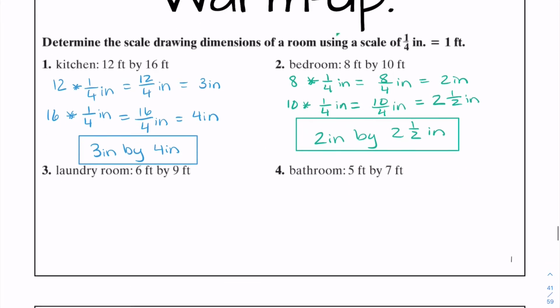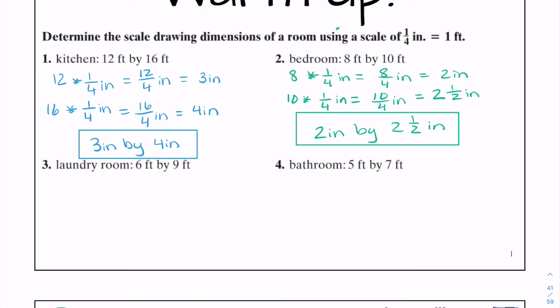All right, the next one, the laundry room, is 6 by 9. So 6 feet, so 6 times 1/4 inch, and 9 times 1/4 inch. So we have 6 quarters and 9 quarters, and this gets me 1.5 inches and 2.25 inches.